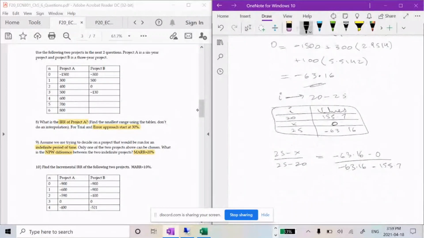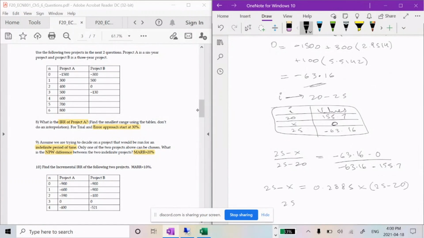Now we need to solve for x. Let's solve this side first. You get minus 63.16 divided by minus 63.16 minus 155.7. You get that as 0.2885. You multiply this by 25 minus 20, so the answer you multiply by 5.